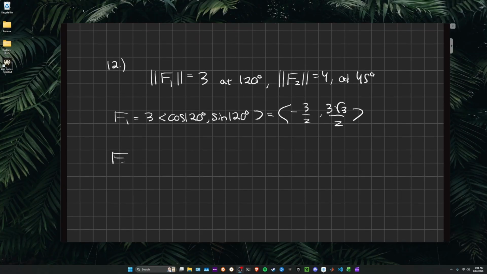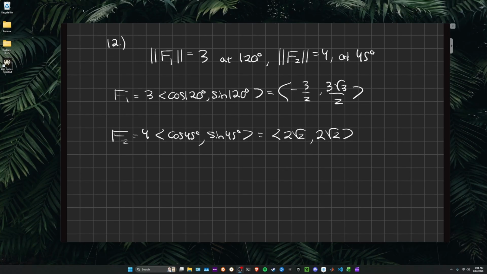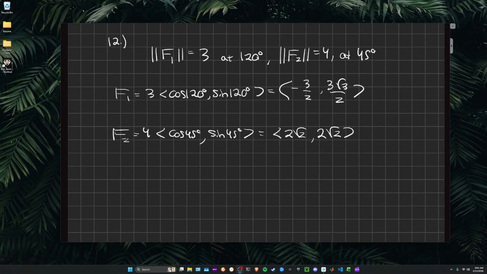And then this vector F2 is 4 times cosine of 45 degrees and sine of 45 degrees. So this would be, what is that, yeah, 2√2, 2√2.